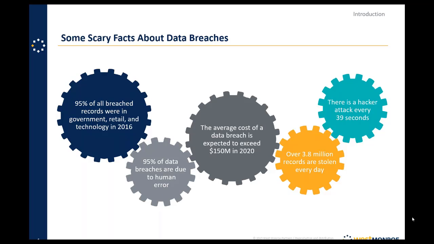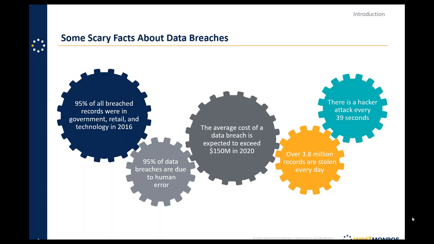Again, 95% of the data breaches are due to human error. That means that somebody like me or you or some other attendee today either did something wrong or didn't do something. The average cost of a data breach is expected to exceed $150 million this year.